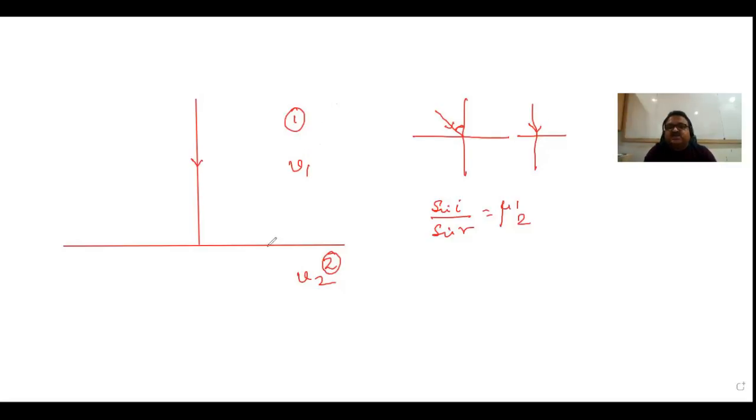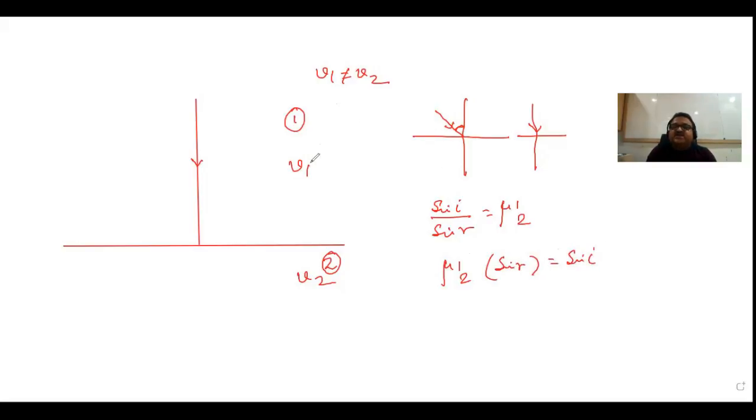Maybe this is rarer, this is denser, whatever it may be. The only difference is v1 is not equal to v2. What does that mean? The mediums are different. Now, we can write this as mu 1 2 sin R is equal to sin I.